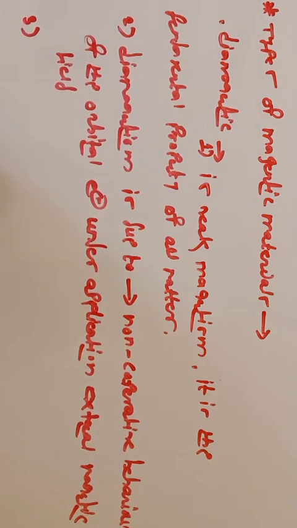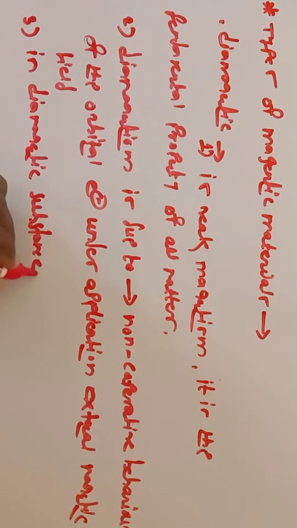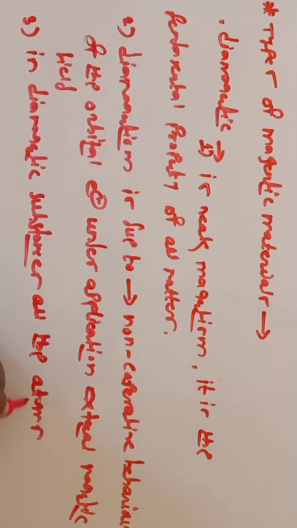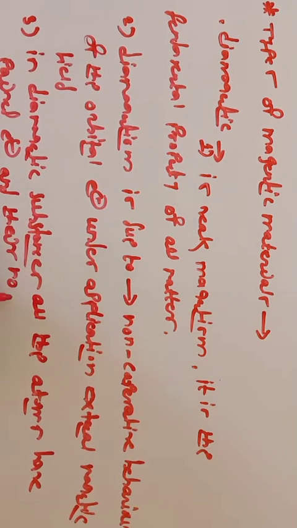In diamagnetic substances, all the atoms have paired electrons and there is no unpaired electron in the shells.